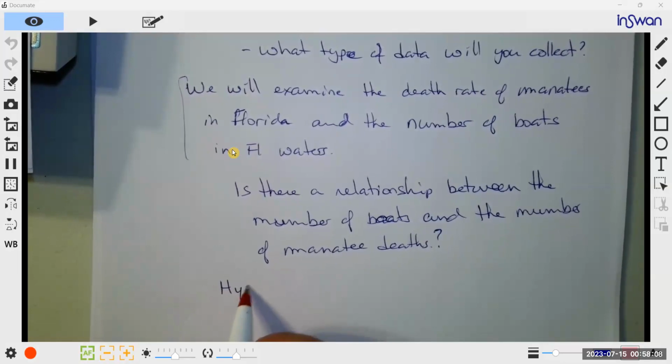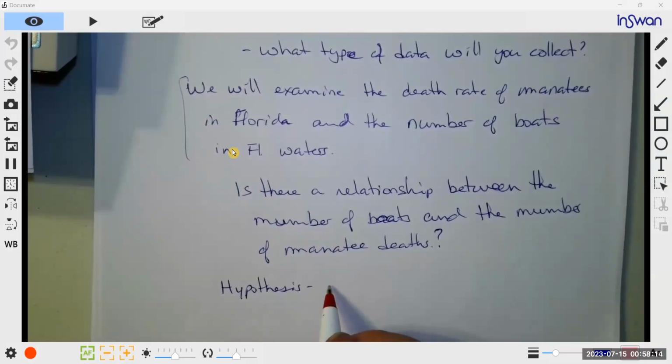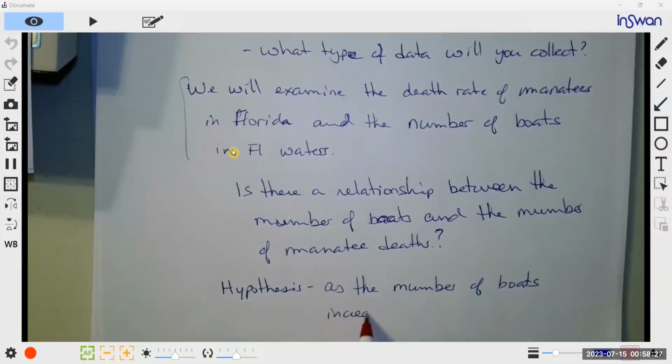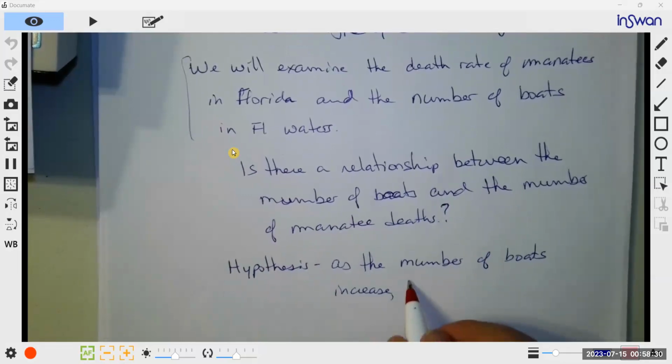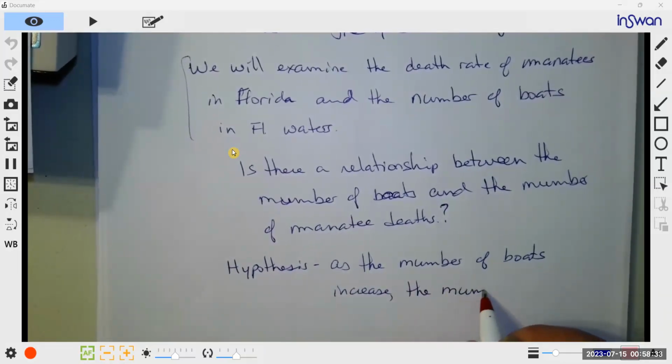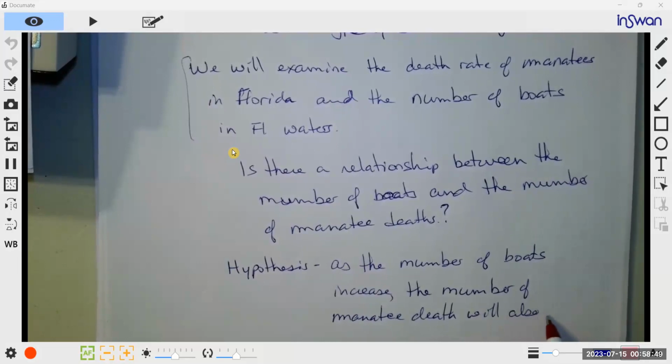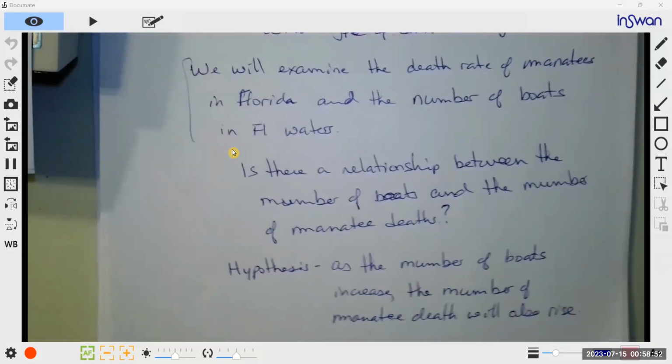So our hypothesis would be something like: as the number of boats increase, the number of manatee deaths will also rise or increase.